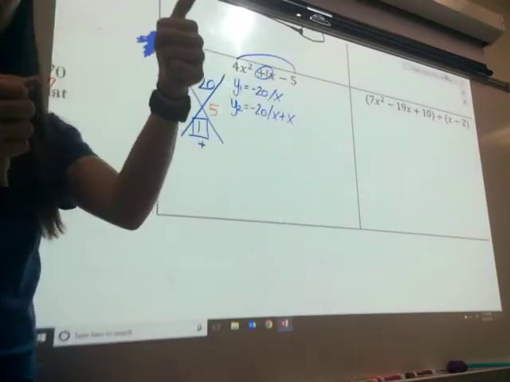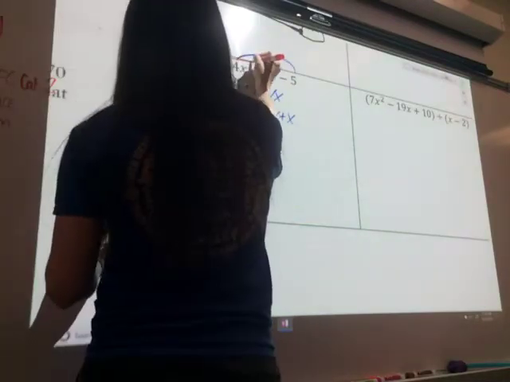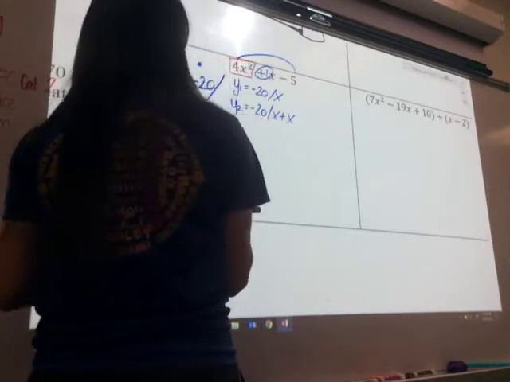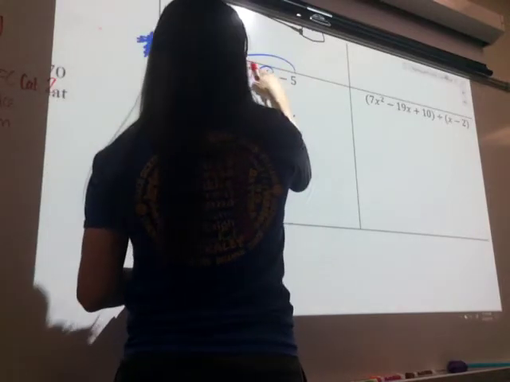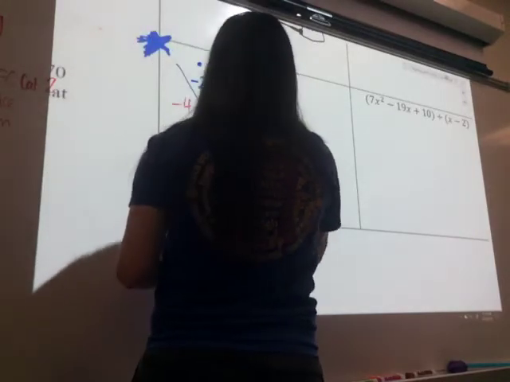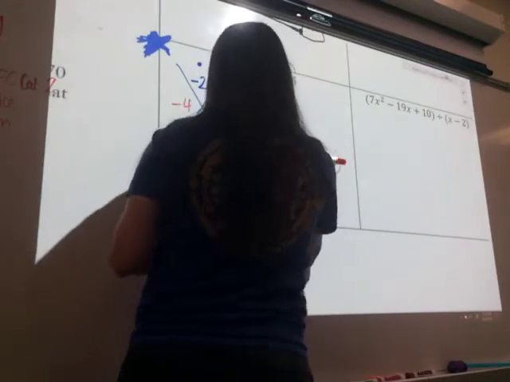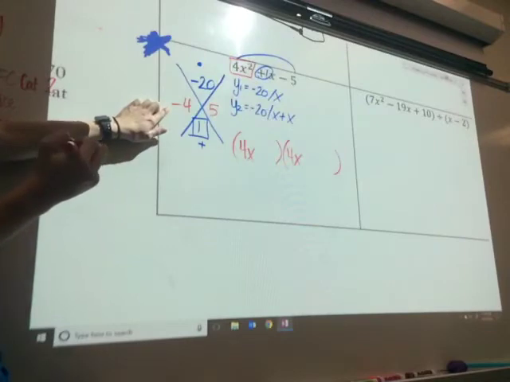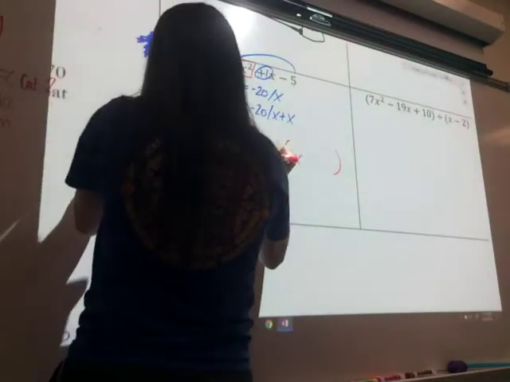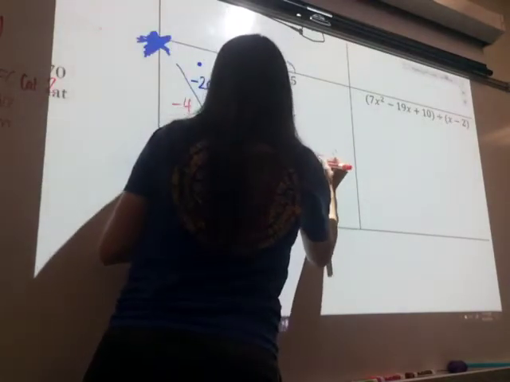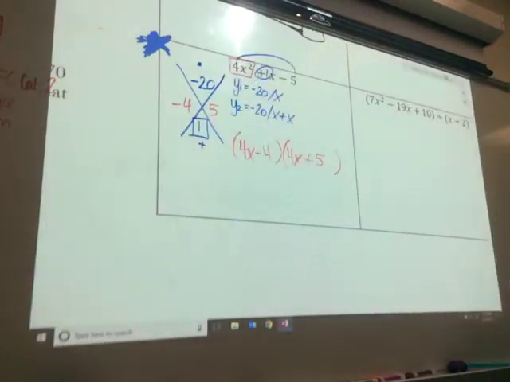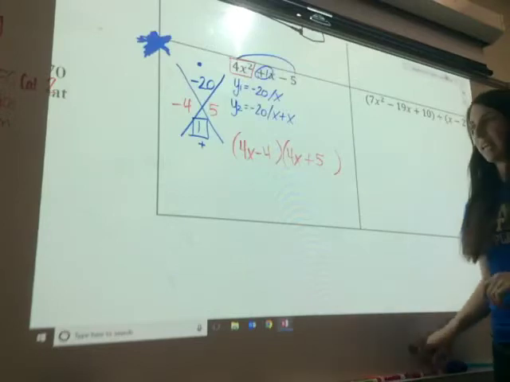Just 1. We good? Now remember, you take your first term and you write it how many times? It tells you. How many times? Twice. So in both of my factors, I'm going to write 4x and 4x. And then what am I going to fill in? Minus 4 and plus 5. Then I have to check for those what? Mistakes.